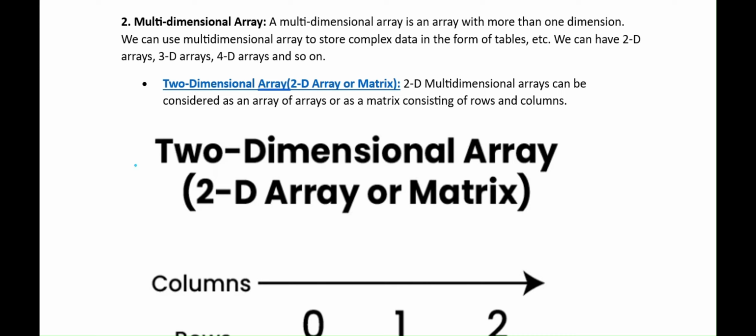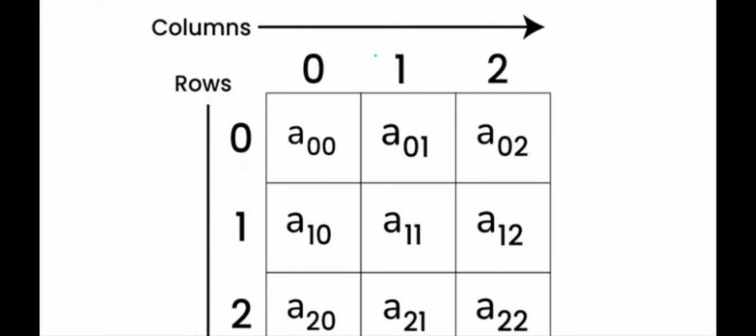Next, multi-dimensional array. Those are 2D arrays, mostly used for matrices. Like we have columns and rows. Here we have columns 0, 1, 2, and then rows 0, 1, 2. We can store A[0][0], A[0][1], A[0][2].